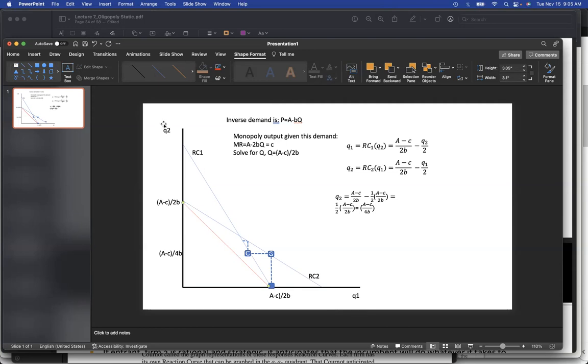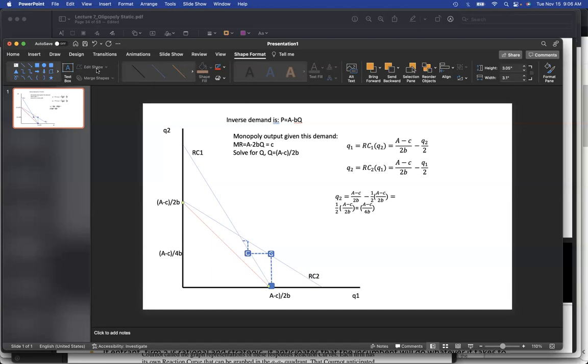Later on, we will talk about cartels. In cartels, they sustain a high price and low output quantity, which is this combination, and they just share their output. So half of monopoly output, (A minus C) over 2B, goes to Q2 and half to Q1, when you are here in the middle.